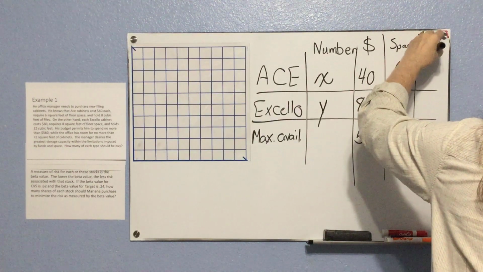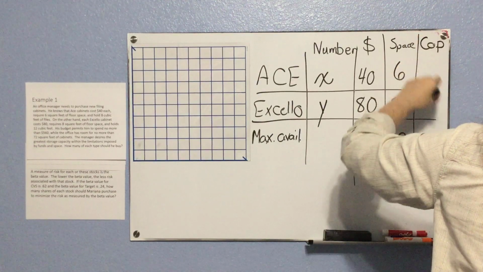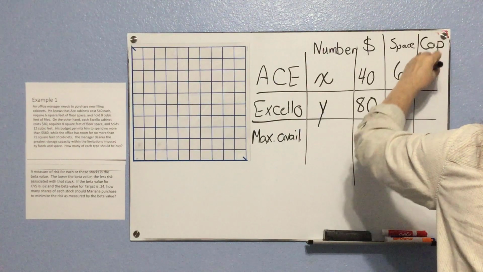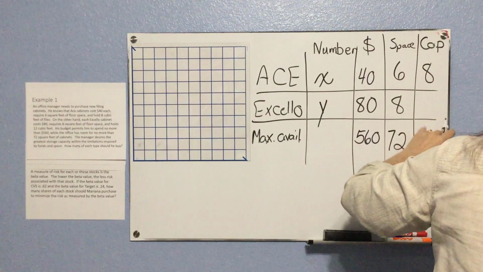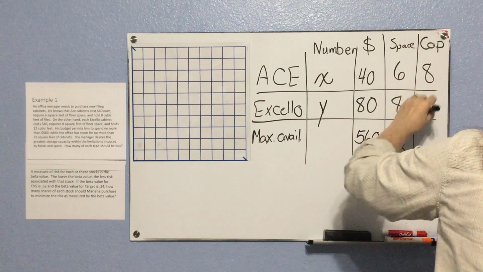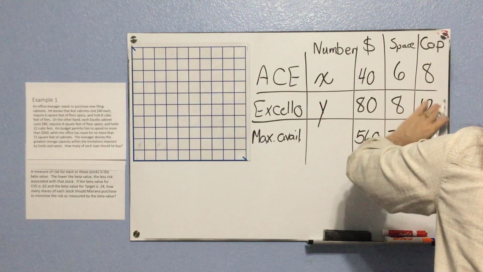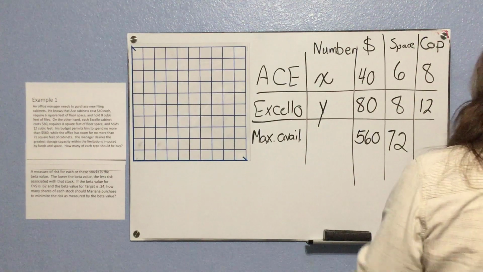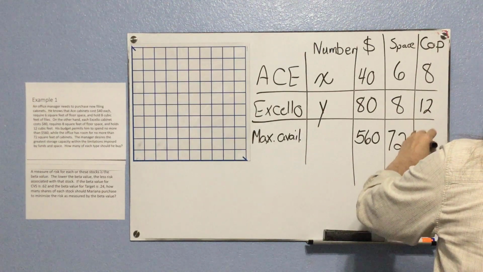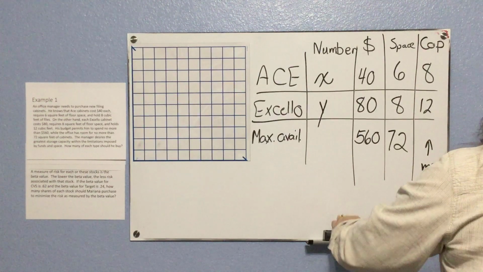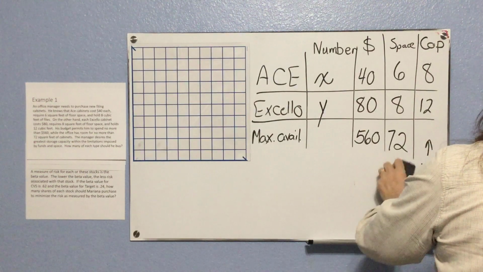And then the last category is capacity. ACE cabinets will hold 8 cubic feet. Excello cabinets hold 12 cubic feet. And this is what we want to maximize.